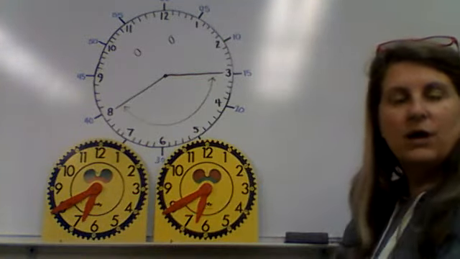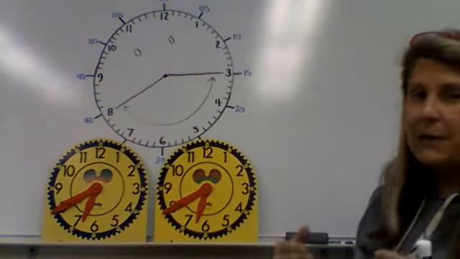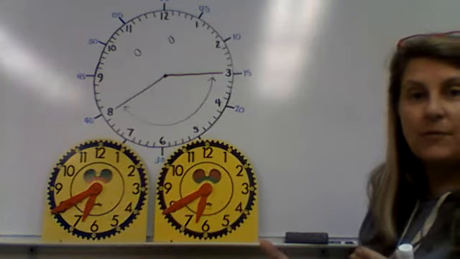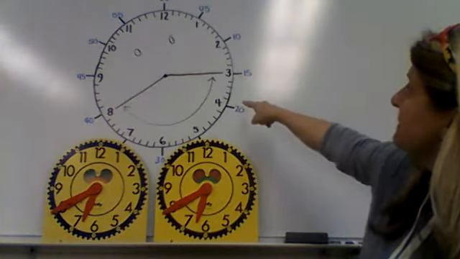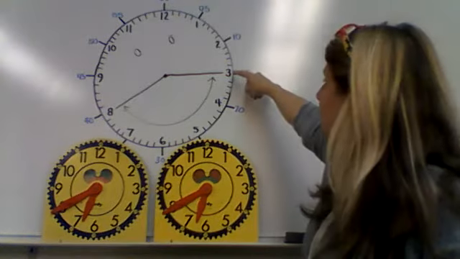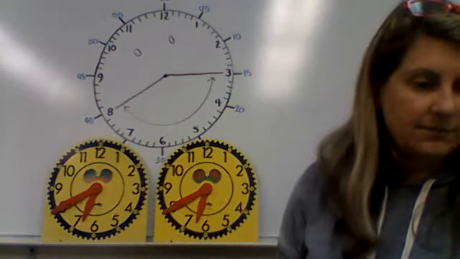So on that one, we didn't even look at what actual time it was, although that's good to know. We were looking at how many minutes pass from the minute hand being pointed at the 3 to the minute hand being pointed at the 8.